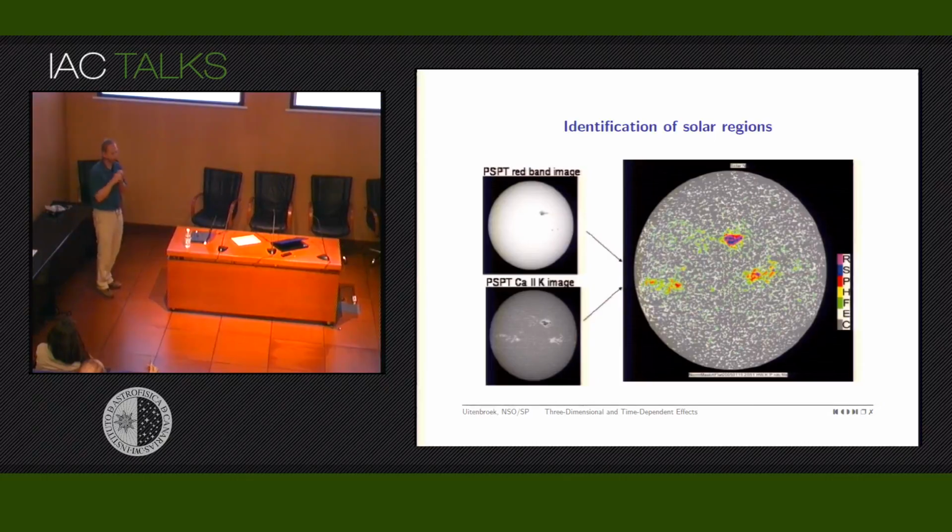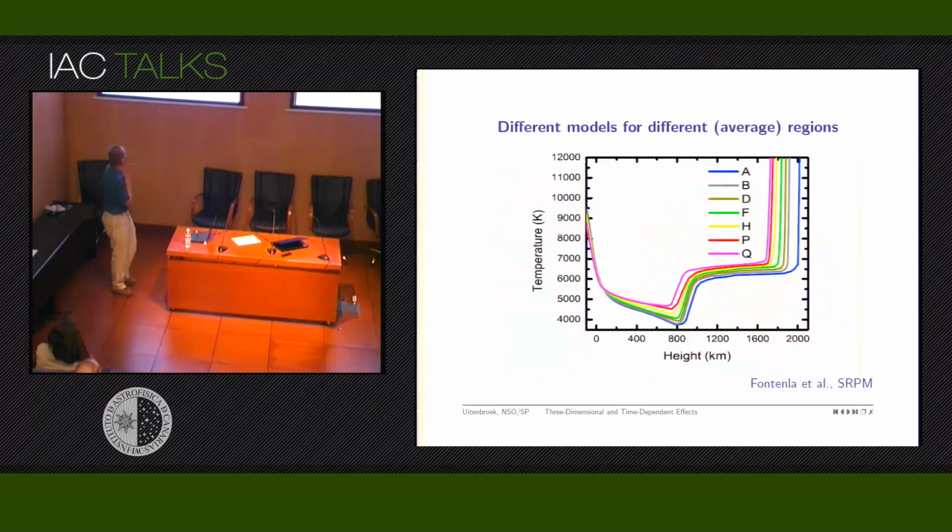For instance, you're able to recognize a sunspot. You recognize what we call magnetic network, which is the green stuff here, and you assign different hydrostatic models to all these components. These hydrostatic models then look like this.